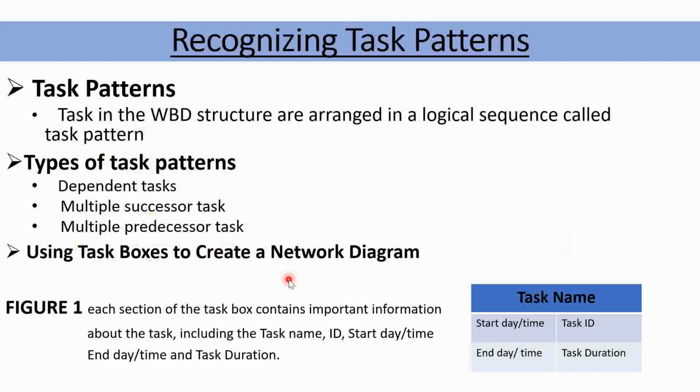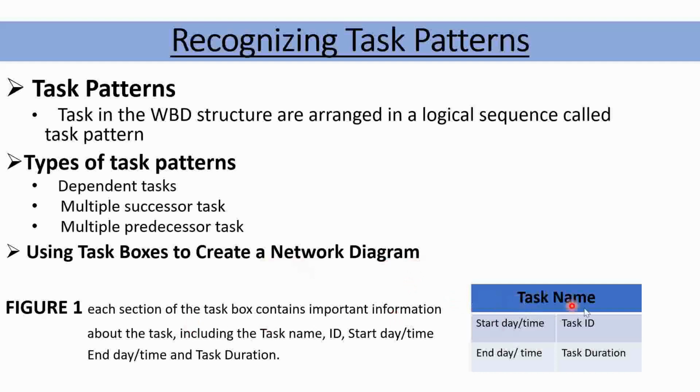How do we write a network diagram? In order for us to write a network diagram, we use our task boxes. It's very important. We use what? Task boxes to create a network diagram. A task box contains important information, right?